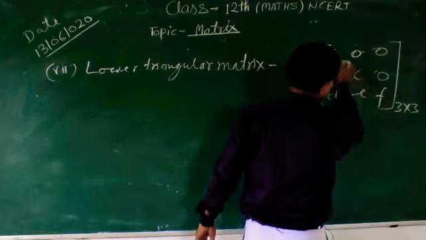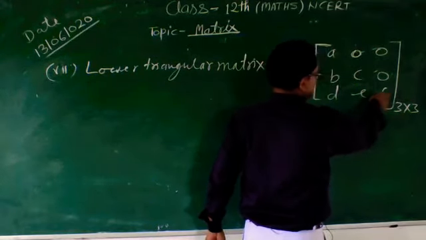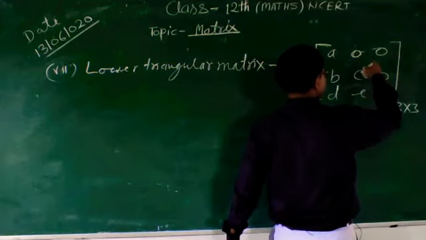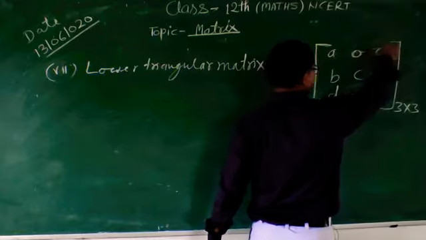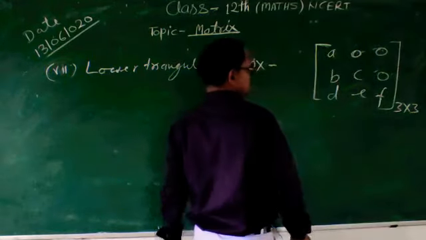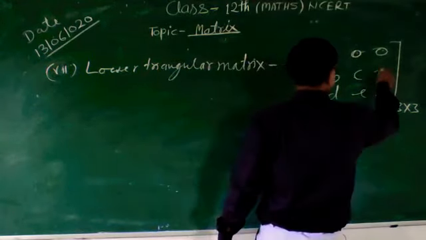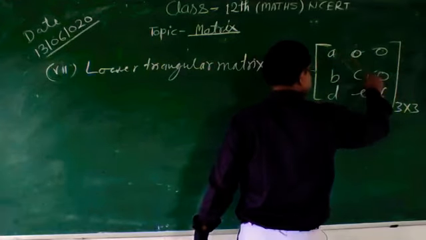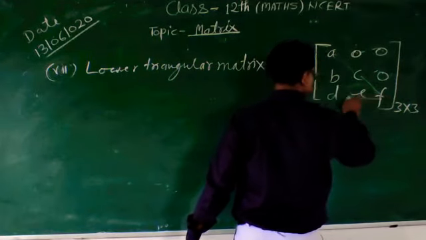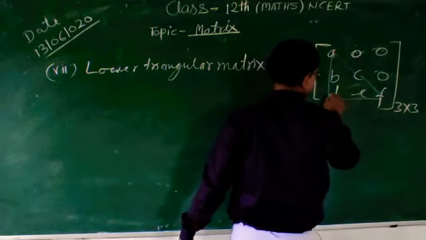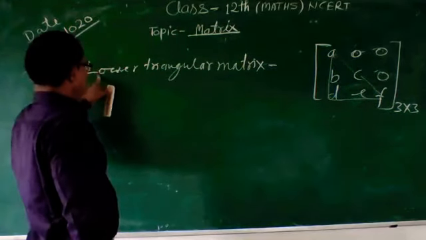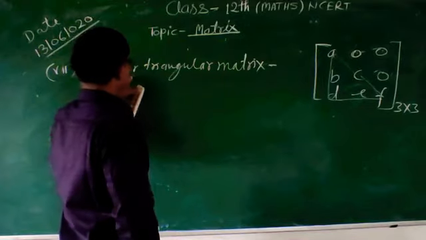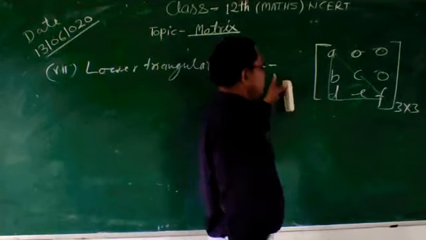A, C, F is the diagonal, and the elements upside of the diagonal are all 0. Thus this system makes the form of a triangle. Then it is called a lower triangular matrix.